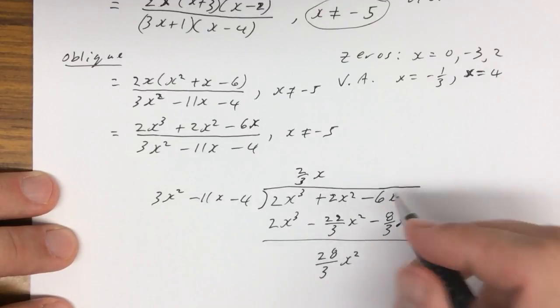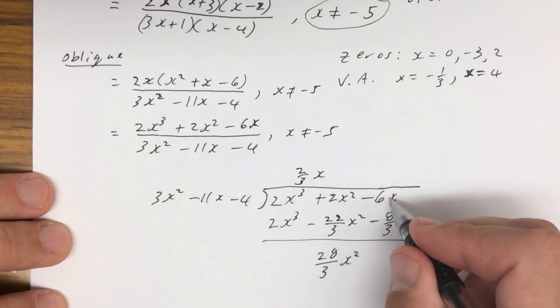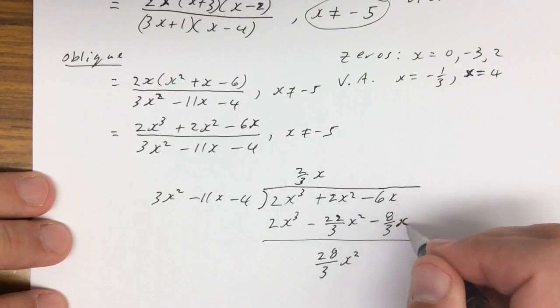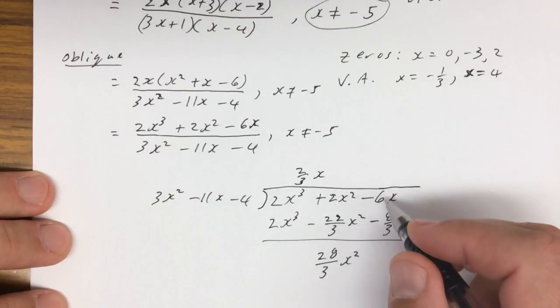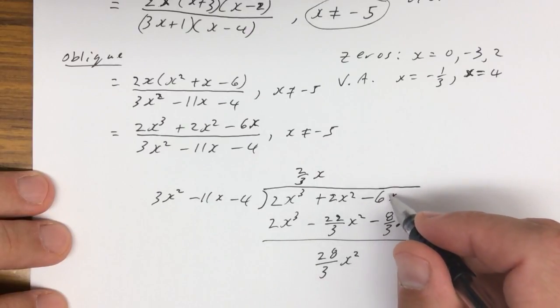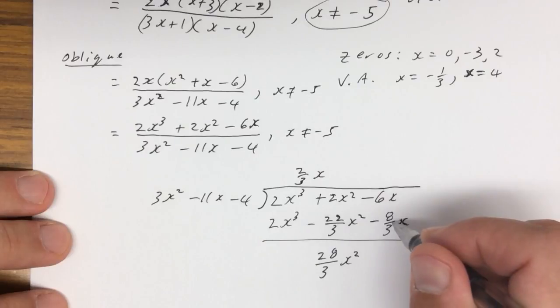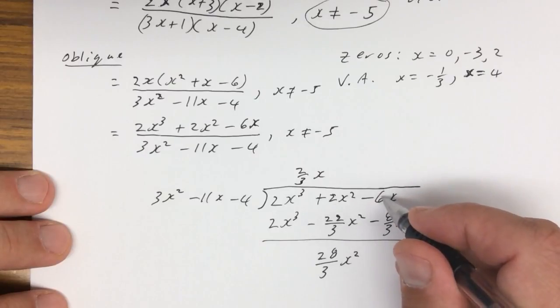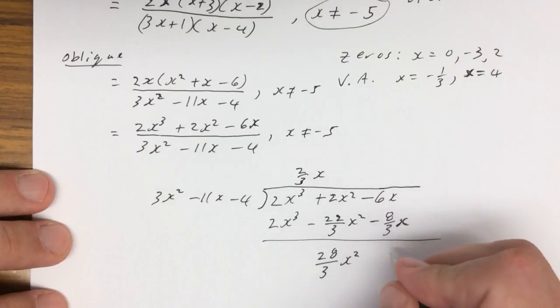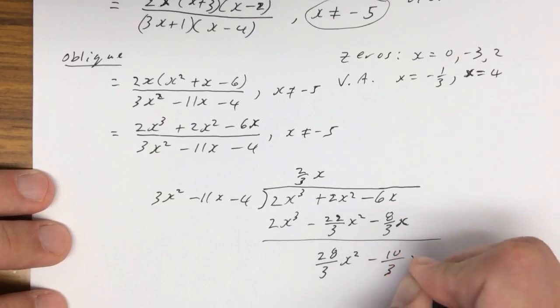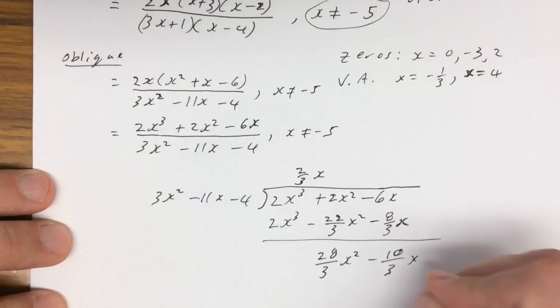Okay, and then negative 6x minus negative 8/3 x. So that's going to be plus. So negative 18 plus 8 is going to be negative 10/3 x.